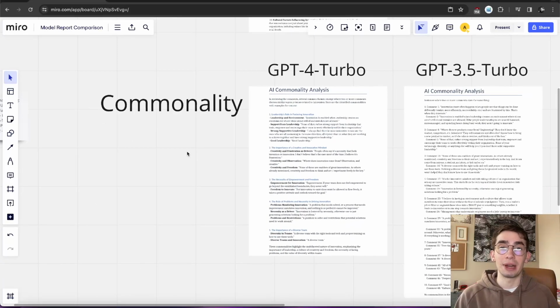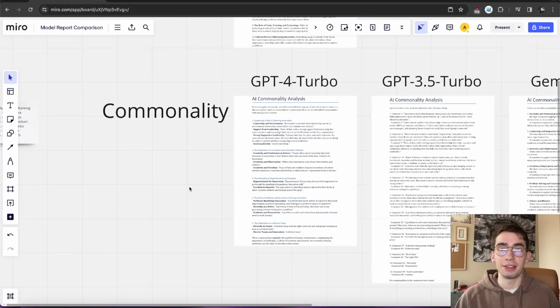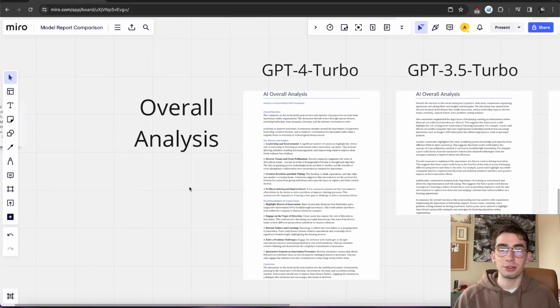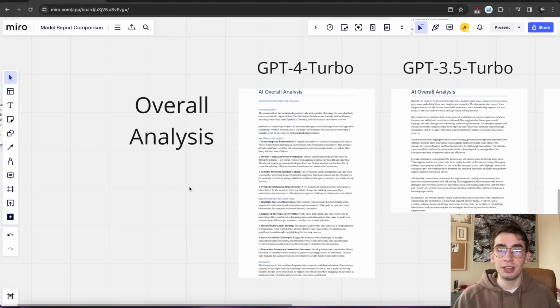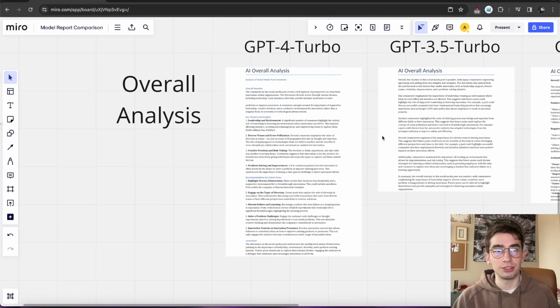It'll then run through a commonality analysis, where it'll attempt to group together comments by the different discussions going on, followed by an overall analysis, where it'll give an overall reaction, things about the prior different analyses, and then recommendations for what to do based on those. And then finally, there is a sentiment analysis, which isn't on this lovely board, but we'll get into that later.